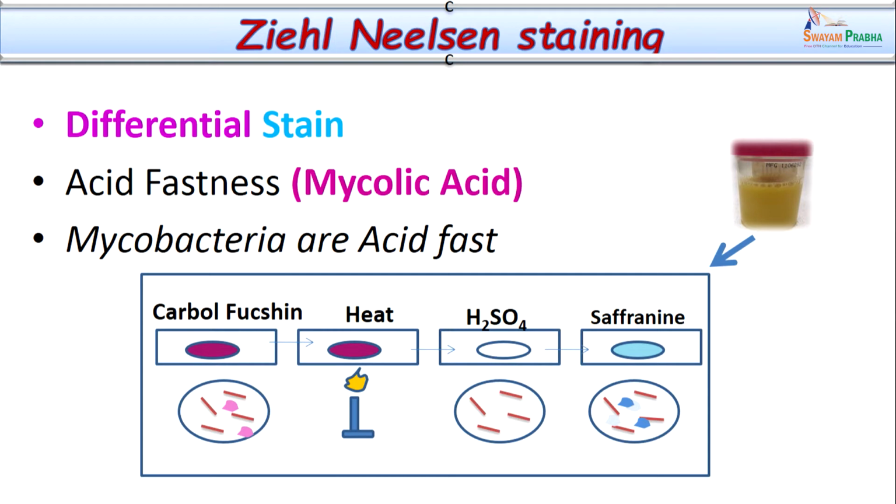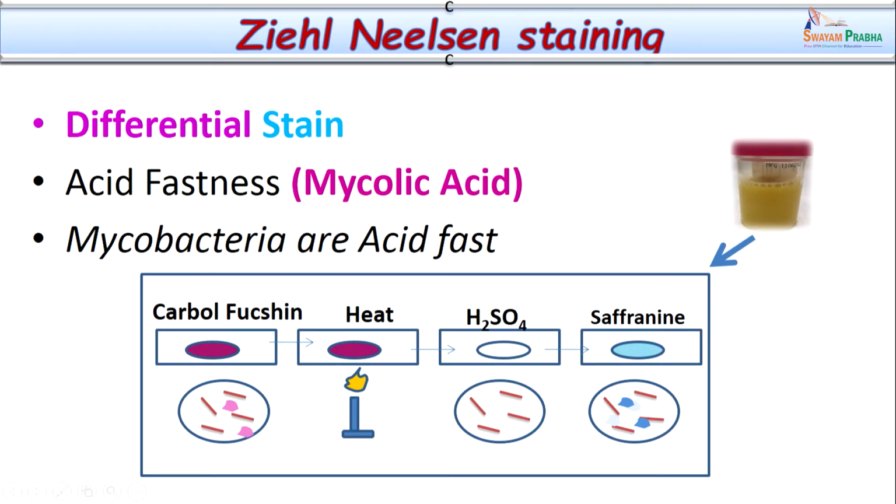Friends, now let us learn about another important differential staining technique, that is Ziehl Neelsen staining. The differentiation occurs here due to the presence of mycolic acid in the cell walls of certain bacteria like mycobacteria. Mycobacteria are known to be acid fast, and they resist decolorization when decolorized with weak mineral acid in this technique.